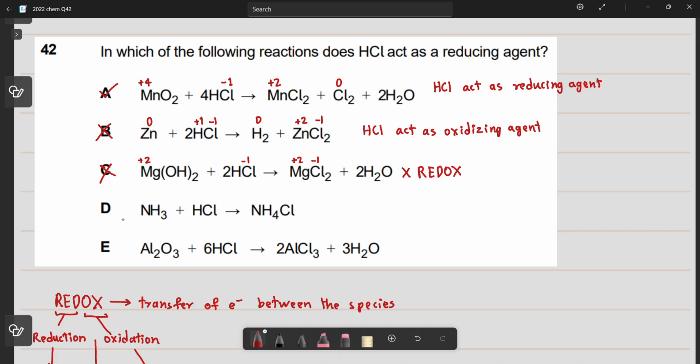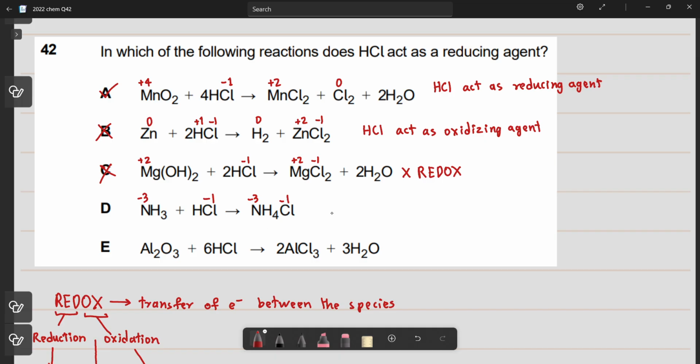Now option D, ammonia reacts with hydrogen chloride giving ammonium chloride. I know over here the charge on nitrogen is -3, and over here chlorine is -1, and it's going to be -1 over here and also -3. Why is that? I'm going to make it simple.